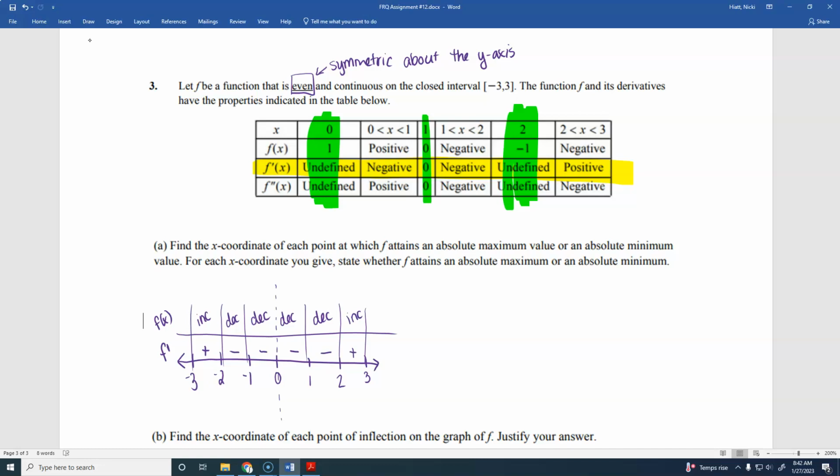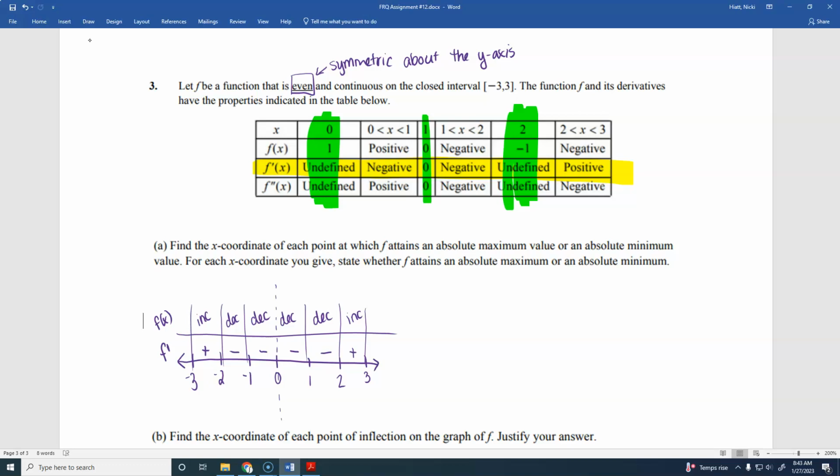That's not right. What have I done now? This is not right. I think it doesn't flip.